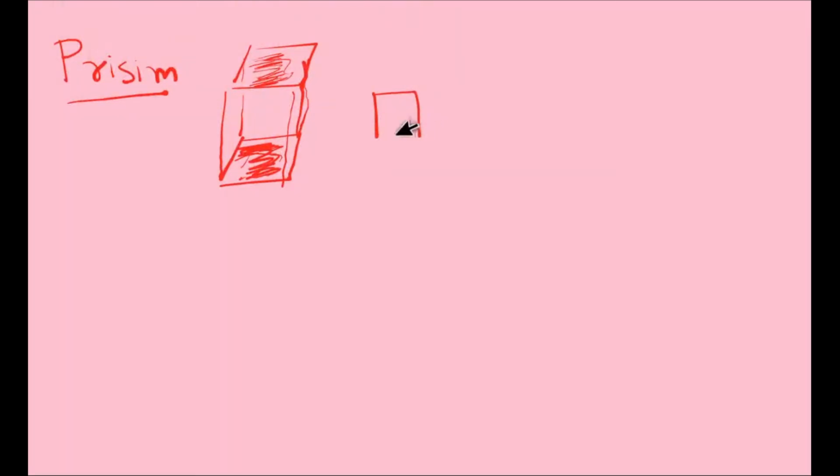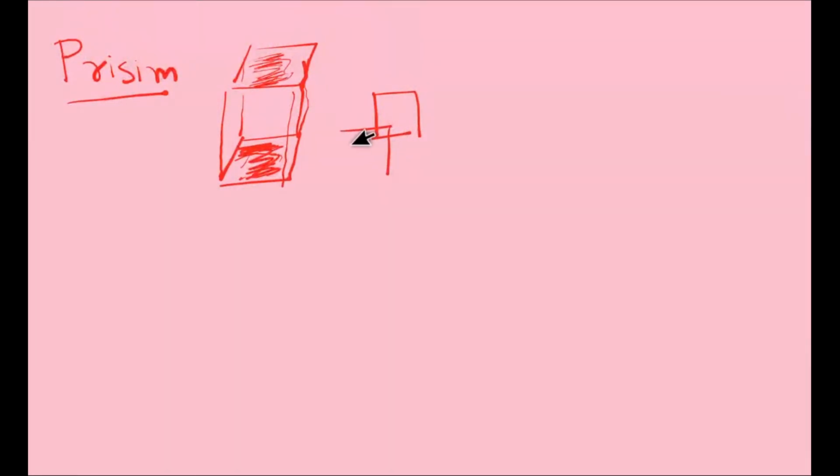Now, in a solid shape, if the top and base are the same area, if you join this and you can see this type of a shape, let here is a shape of a room. Okay, this type of the shape, when the base area and top area are in the same shape, that are known as prism.